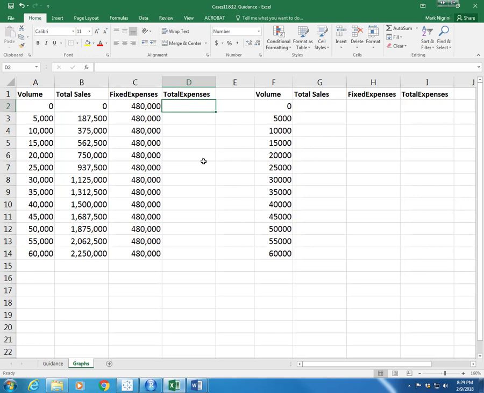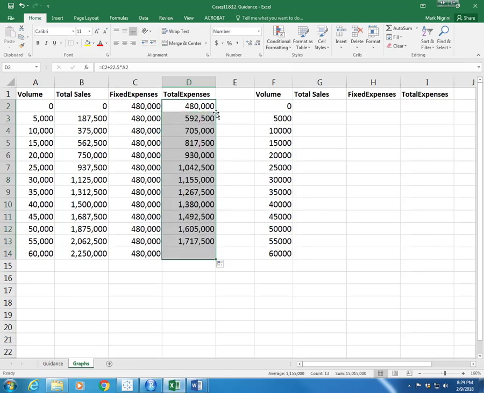So my total expenses are going to be the fixed plus the variable, which is $22.50 per unit times the number of units. And of course, with volume at 0, the variable costs are 0, so this is good to go over there.